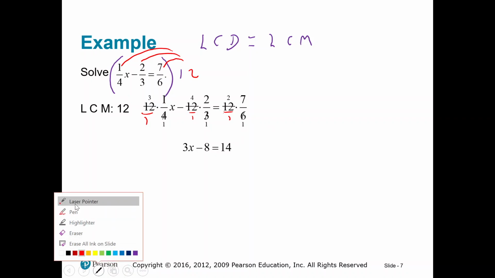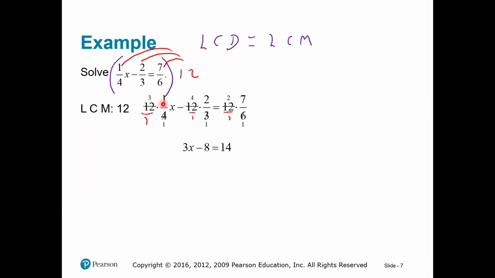Once again, 12 times 1/4, which is 3. And so 3x. 12 times 2/3, that is 12 divided by 3, which is 4. And 4 times 2, which is 8.